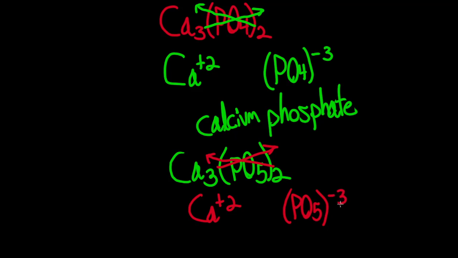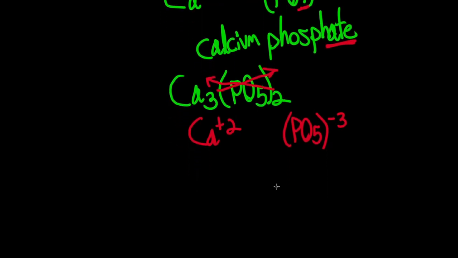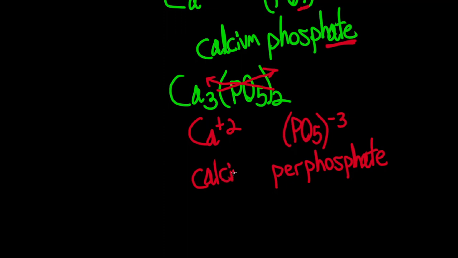I saw that phosphate was my base state with 4 oxygens. So if I add another one to that, it's not going to be phosphate, it's going to be perphosphate. Calcium perphosphate, to be exact. All right, I hope that makes sense.